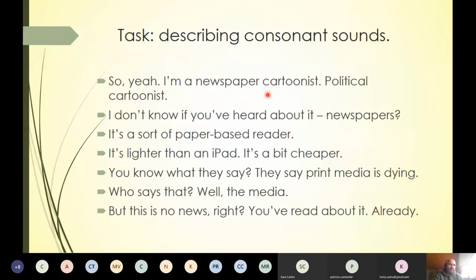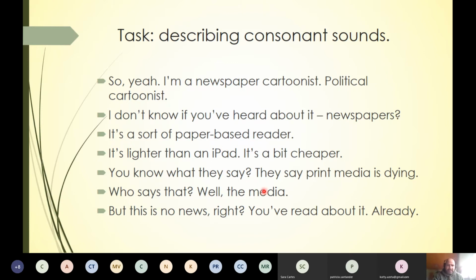analysis. Okay, so this is going to be an analysis, but also this is going to be a formative quiz, and also it's going to be sort of a mini lesson, because at some point you can interact with your classmates, right? And you can ask your classmates about, for example, a specific sound.